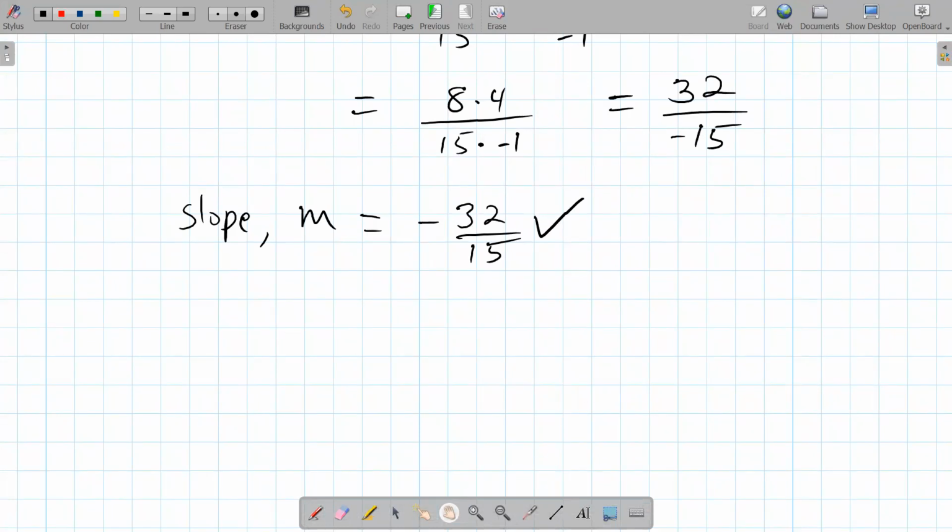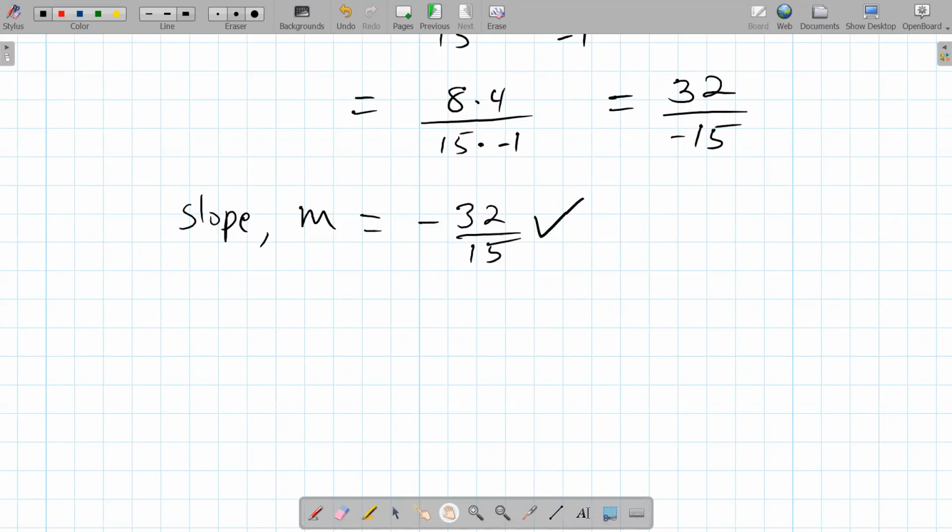Okay. So we said that one unique characteristic of any linear equation, or any line, if you will, is its slope. Now, what the slope does is that apart from telling us how steep or how slanted the line is, it also tells us the direction of the line.